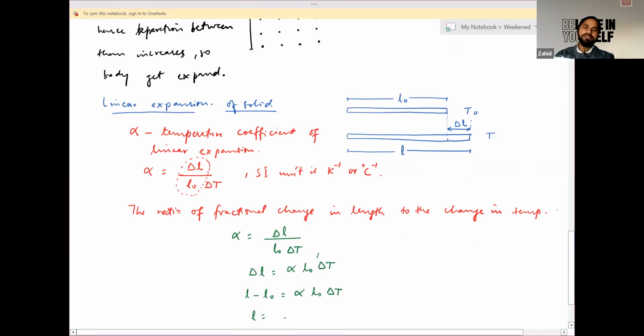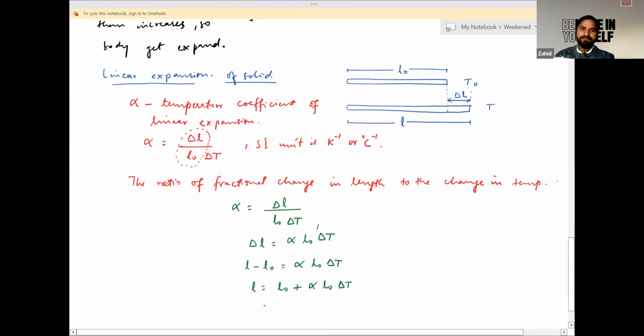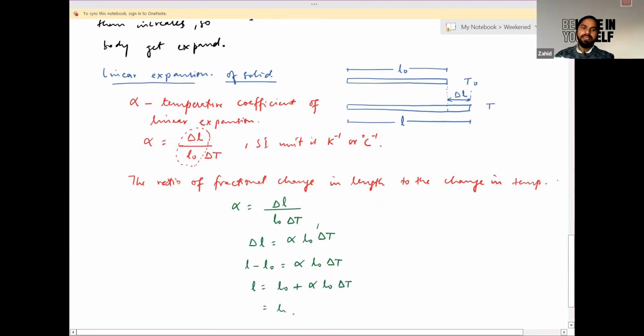It will be L equals L naught plus alpha L naught times delta T. Take L naught common from these two terms. So you'll get L naught times 1 plus alpha delta T equals L. This is the expression for calculating length related to alpha and change in temperature.